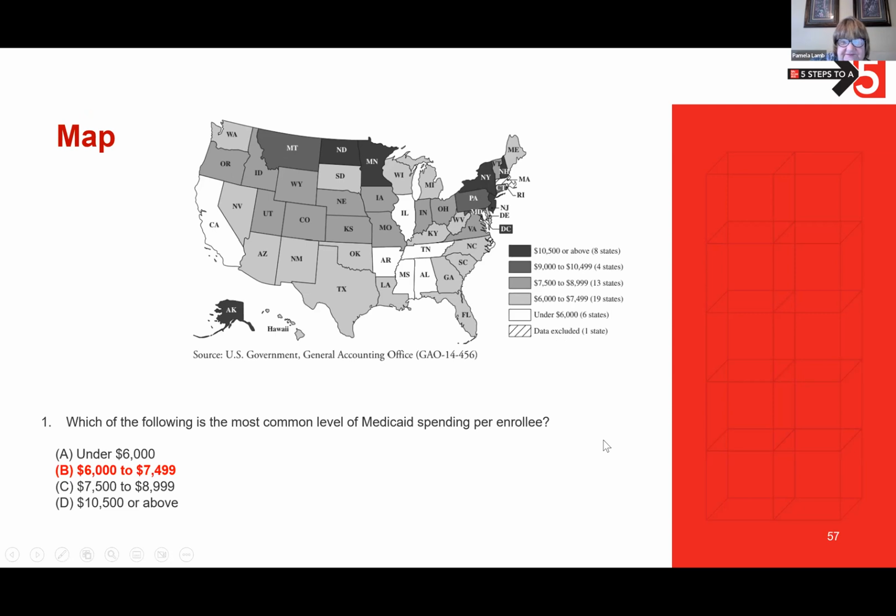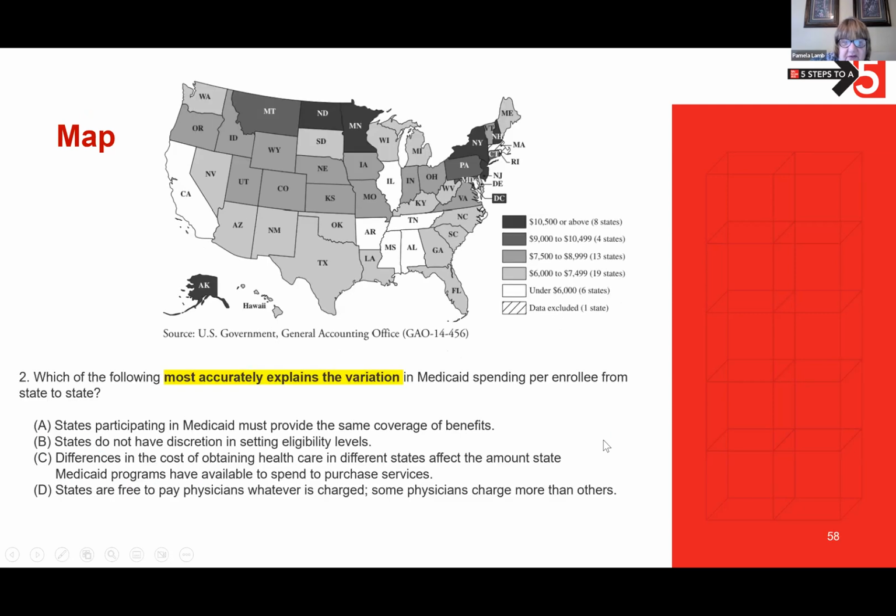Correct. Very good. And then which most accurately explains the variation? In other words, why do some states have more spending than other states? Because they must provide the same benefits or same coverage of benefits? Is it because they don't have discretion in setting eligibility levels? Is it because the differences in the cost of obtaining healthcare in different states?